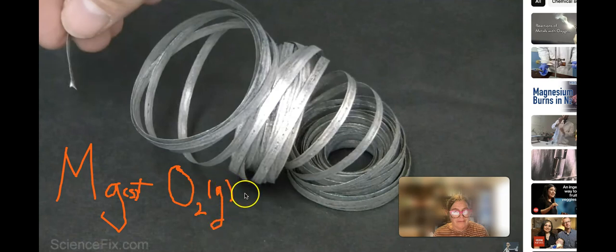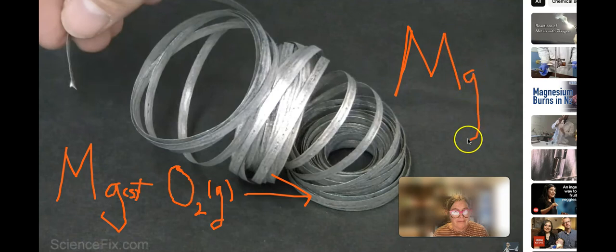And then the product. Well, I don't know. What's the formula of magnesium oxide? It could be MgO. It could be Mg2O. It could be MgO2.